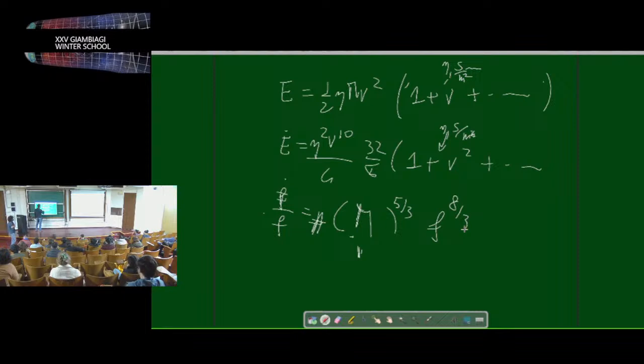And the dependency is on eta times the mass to the 5/3. The mass to the 5/3 is a question of dimension. The eta to the 1 is just the point of the ratio. This goes as eta squared, this goes as eta, so it has to go to the eta. So usually at leading order, you see that there is this combination: eta to the 3/5 times mass, everything to the 5/3. So this is called m chirp to the 5/3.